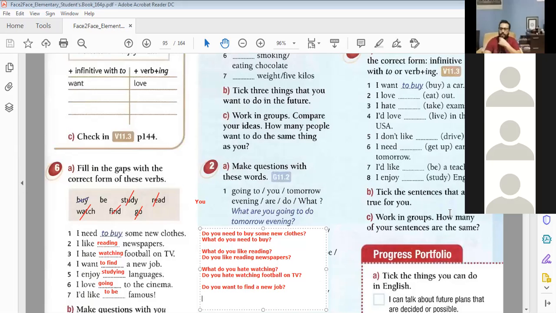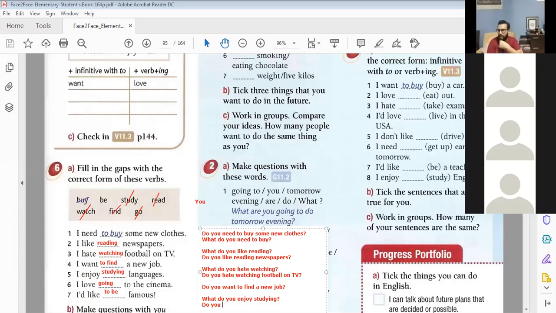How do we answer number 5, Samiha? What do you enjoy studying? And if it's a yes/no question?